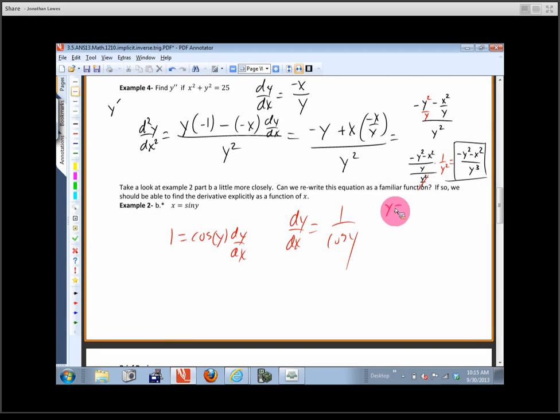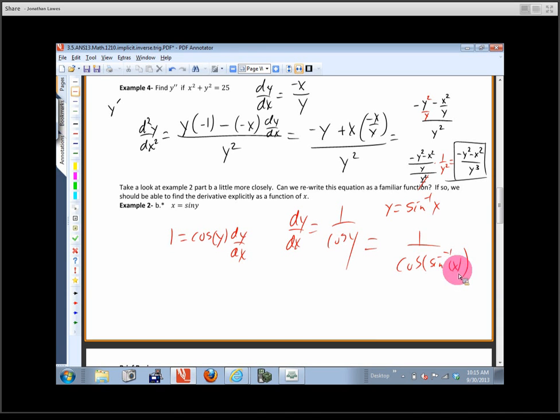So we could have y is equal to the sine inverse of x. And then we get 1 over cosine sine inverse of x. If I've got an inverse trig function, and then I take a regular trig function of that inverse trig function, they do somehow undo each other to some extent.